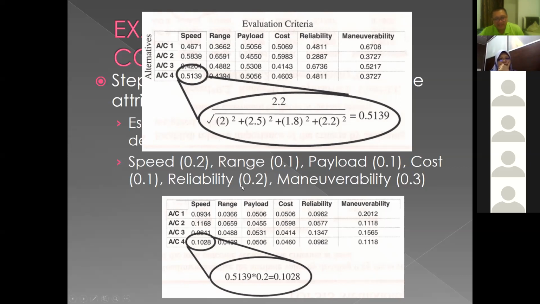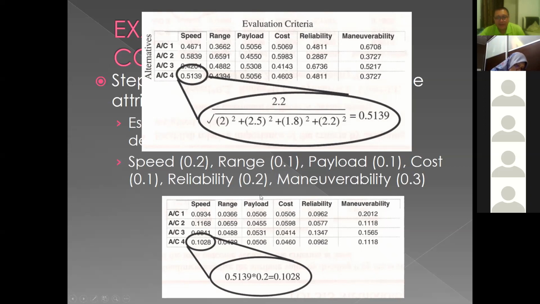Because you need to remember that if you add all the weightage values together, they must equal 1.0. That you have to remember. The total weightage value must equal 1.0. That you have to always keep in mind.